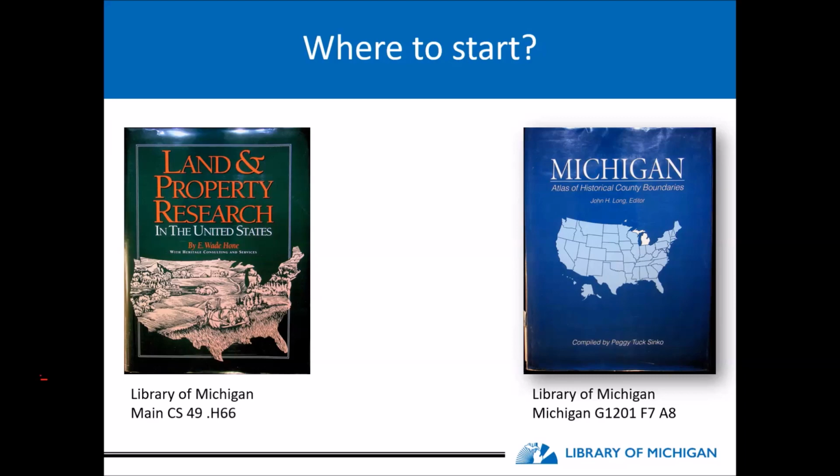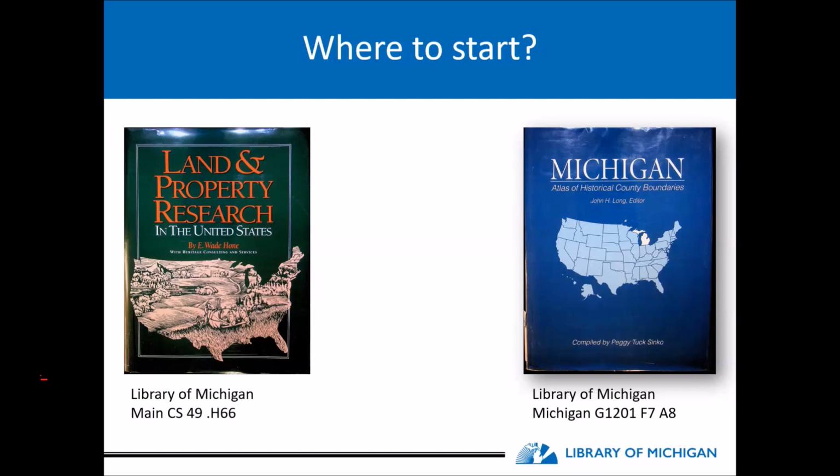The counties were fewer in the early 1800s and they had more land. So depending on the time in which you're researching, you may need to look at a different county from the current county setup. You might think it is Oakland County, but maybe back in the 1840s or early 1850s you need to look at Wayne County instead. So that's a really good resource.